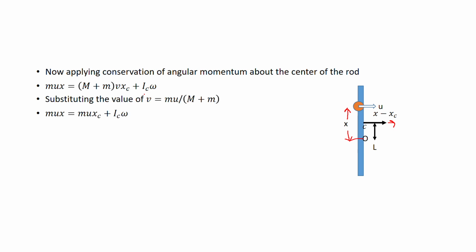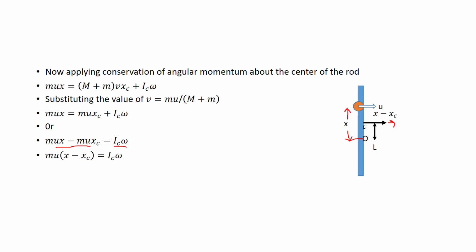Now when we substitute the value from conservation of linear momentum, we have calculated that V equals mu divided by (m plus M). When we substitute this value, the equation becomes mux equals mu xc plus Ic into omega. Substituting and rearranging, taking this mu xc on the left side, this becomes mux minus mu xc equals Ic into omega.